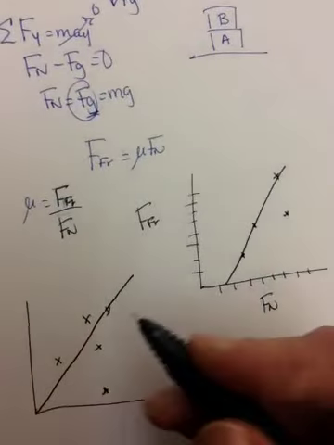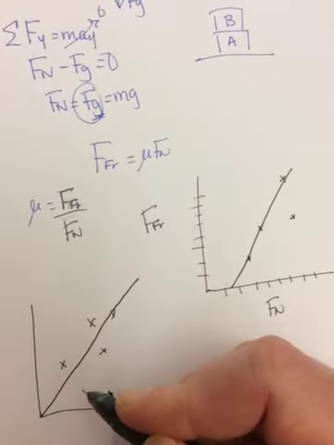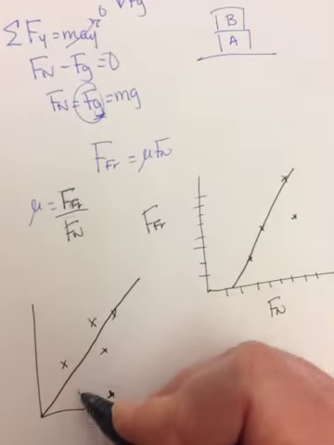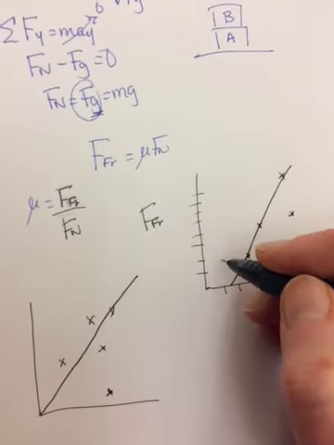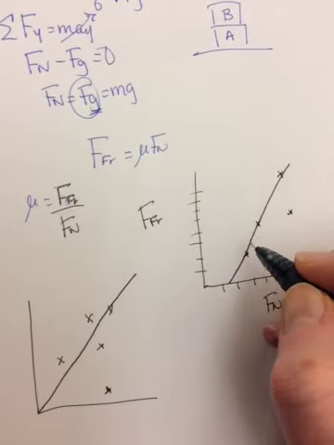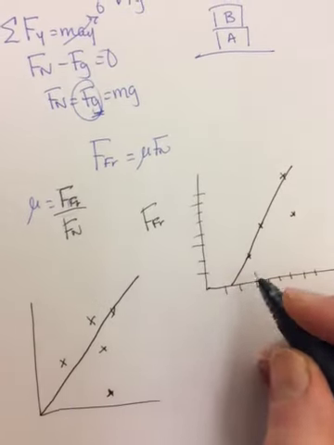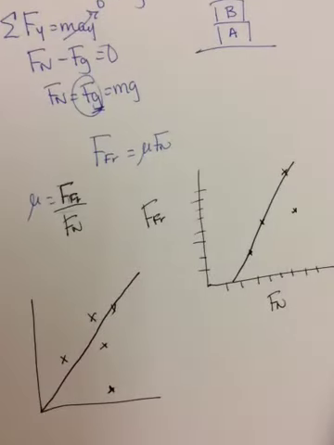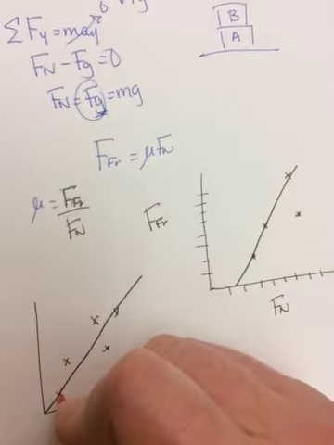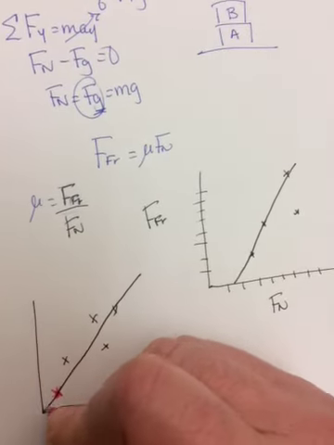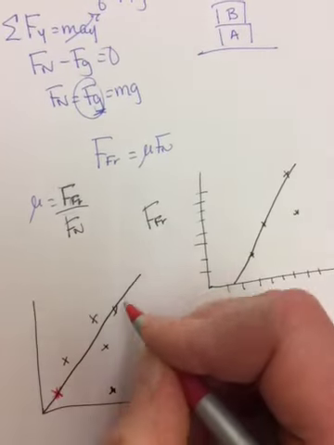So you take a ruler, even though I didn't, but that's because I only have one hand. You take a ruler and you draw the line as close to as many of the points as you can, and then it says find the slope of the line. So when you're finding the slope of the line, you pick 2 points on the line. 2 points that the easiest would be that are on like the grid markings.